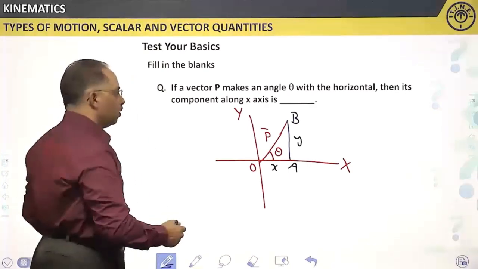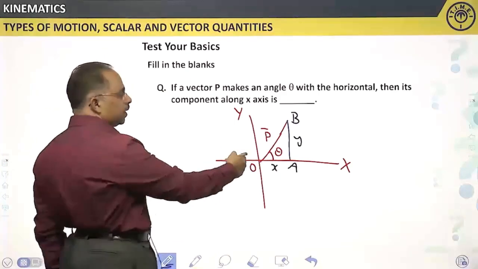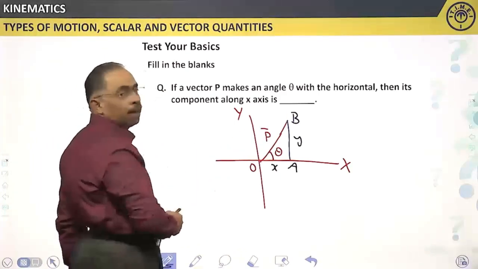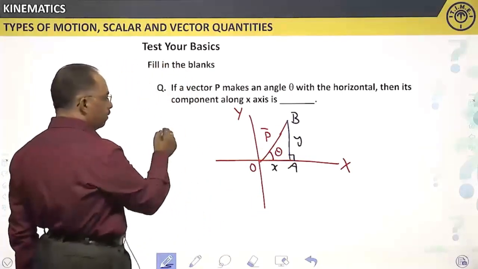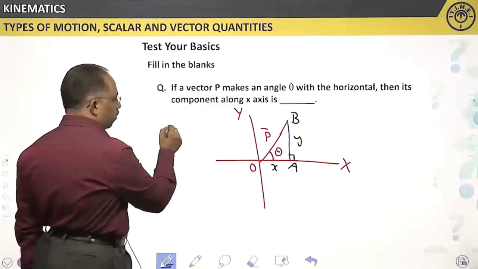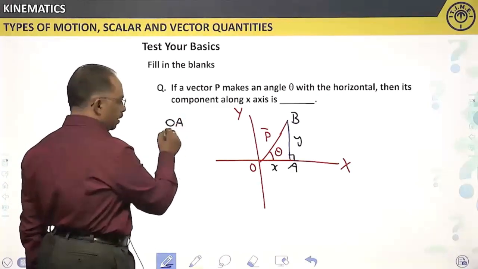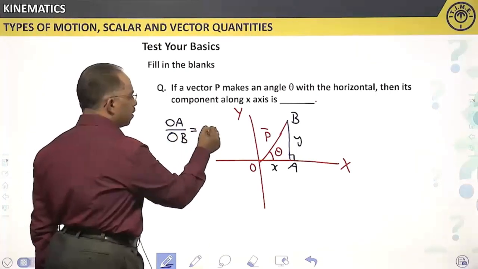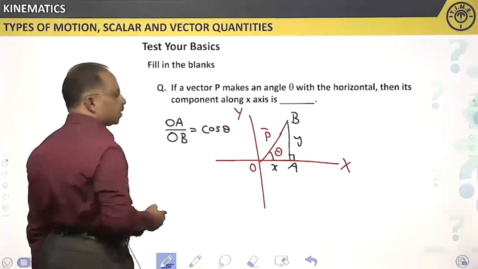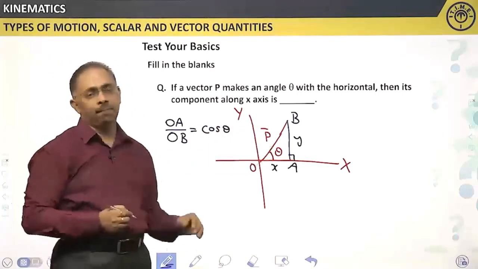Clear? So, OA, that is x, is the adjacent side for this particular right angle triangle. Right angle is here. This is the right angle. Clear? So, I will have here OA divided by OB, that is nothing but equal to cos theta. Adjacent side divided by hypotenuse.